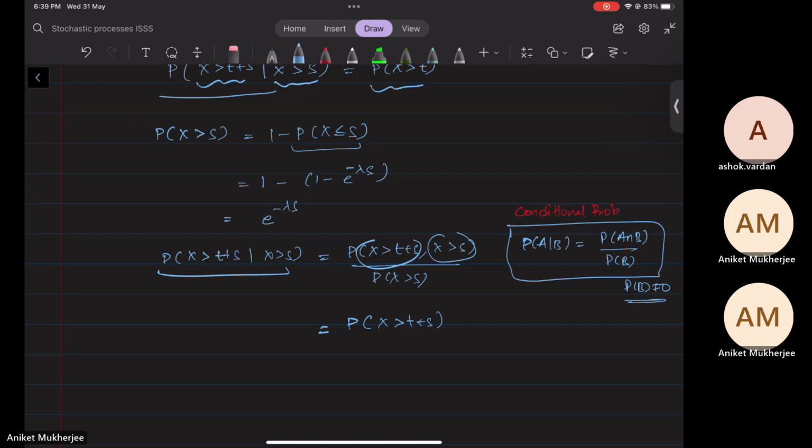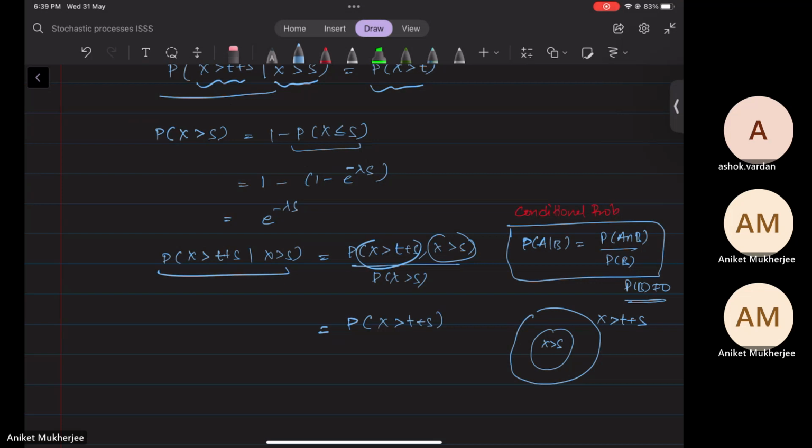So from this implication, the event X greater than s contains all the sample paths which have X greater than t plus s.